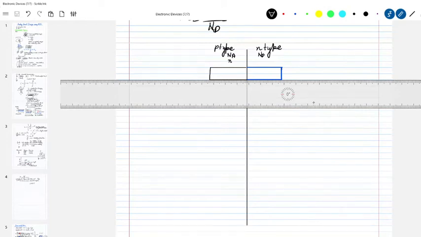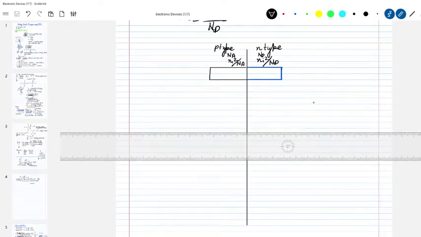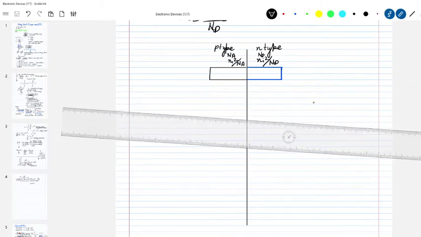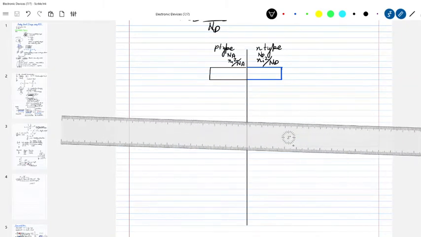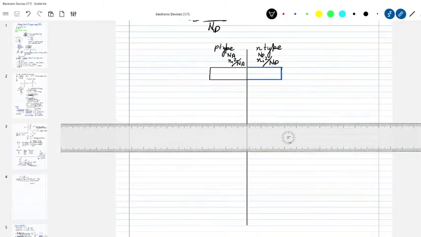Here you're going to have Ni square over Na and Ni square over Nd. Now what's going to happen is the following. When you put these two together, something is going to happen. So let's draw the band diagram over here.